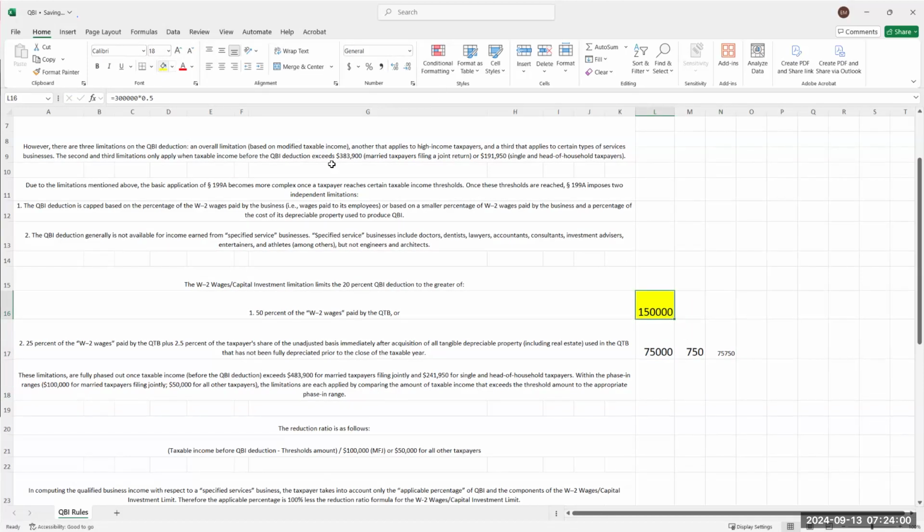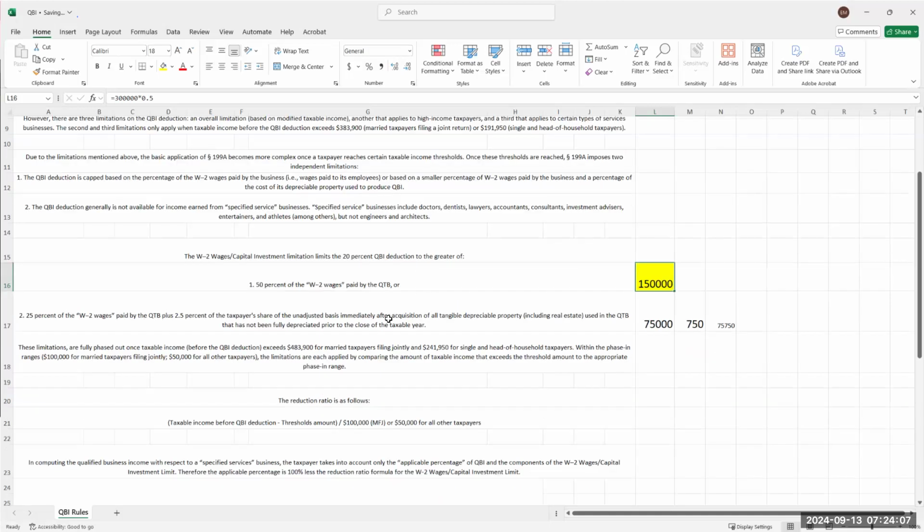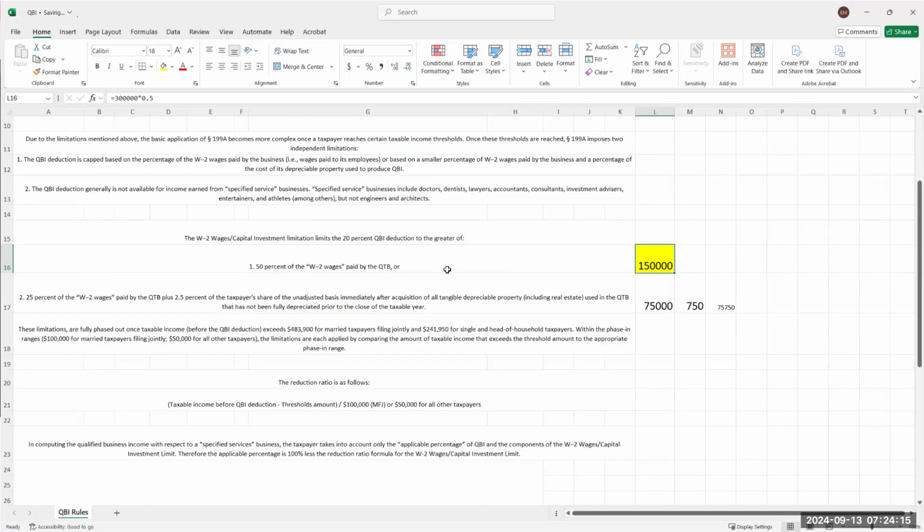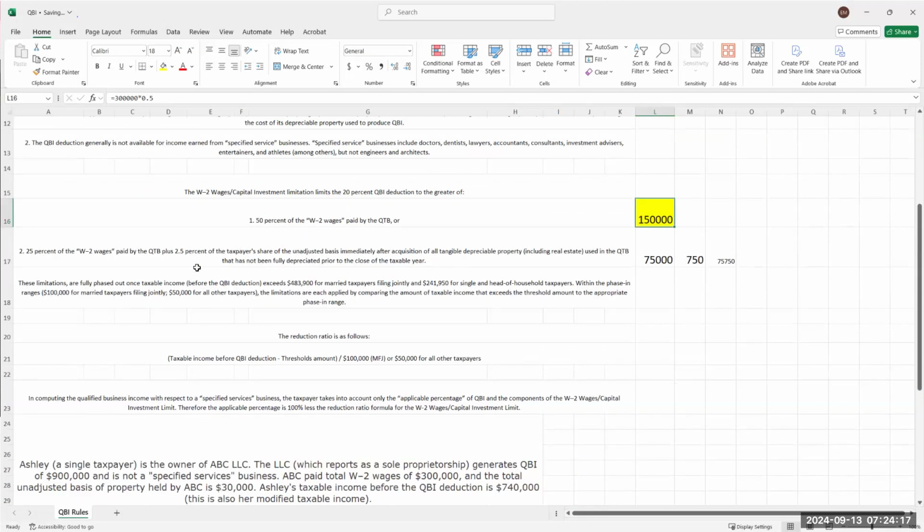We're factoring in the 150,000, which is 50% of the W-2 wages paid by the firm. As we see here, W-2 wages were 300,000, so we multiplied that by 50%. The next limitation is 25% of W-2 wages, and that's how we calculated the 75,000. 300,000 multiplied by 25%, plus 2.5% of the taxpayer's share of unadjusted basis.